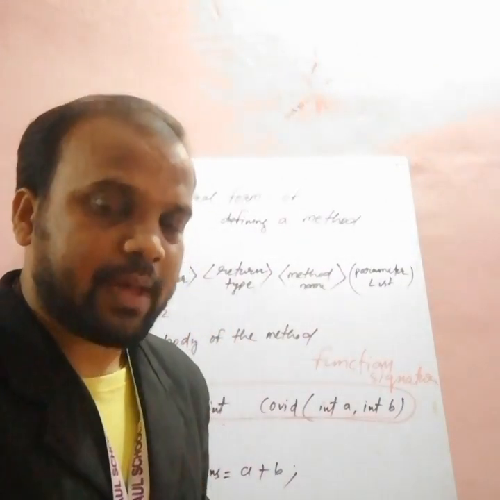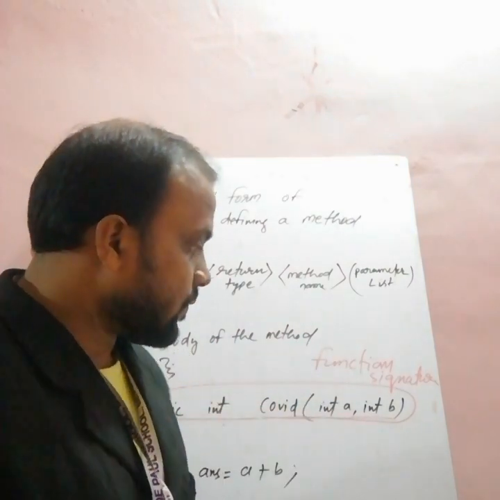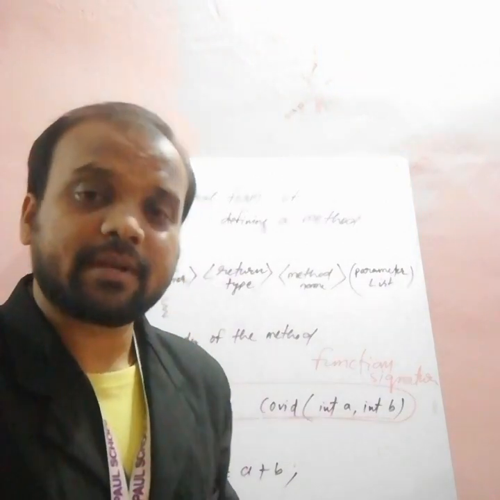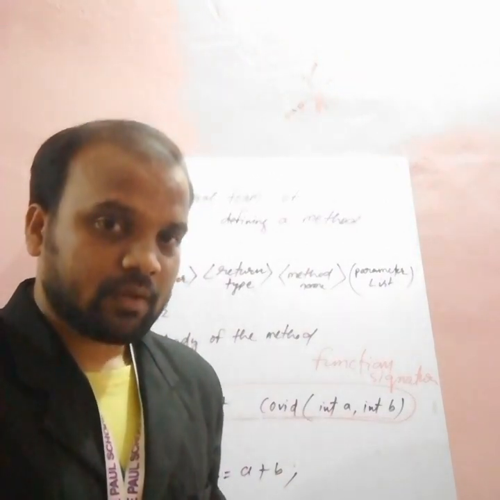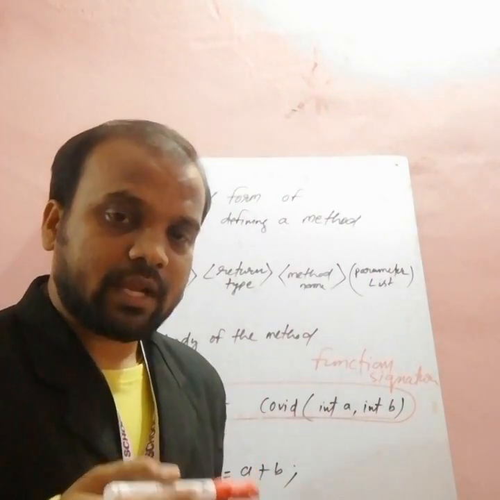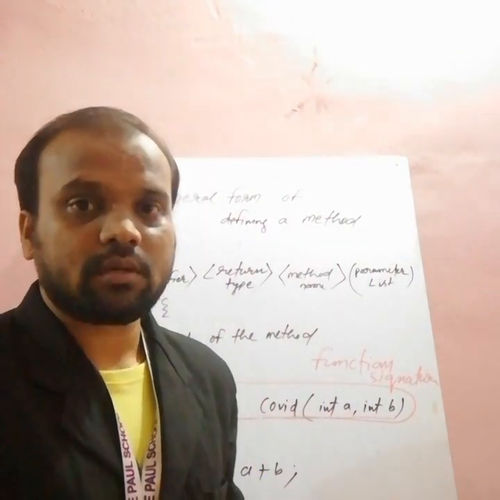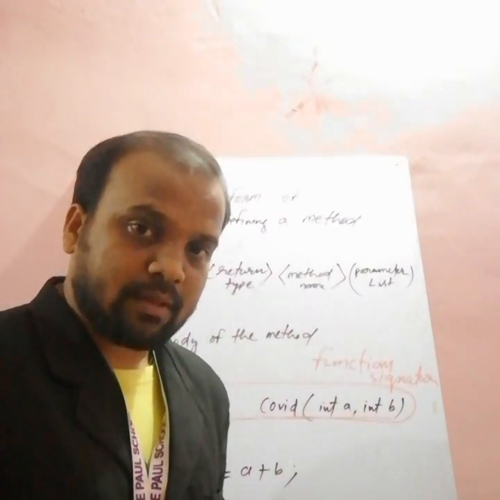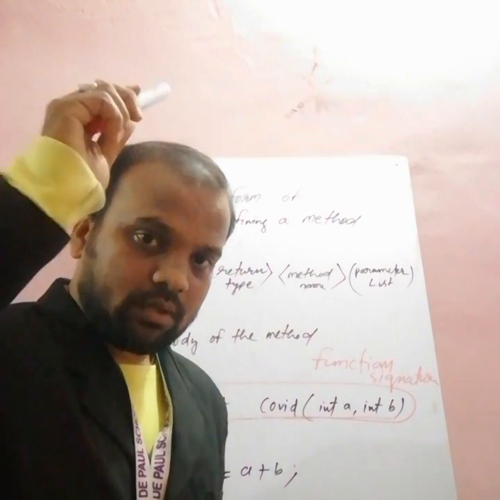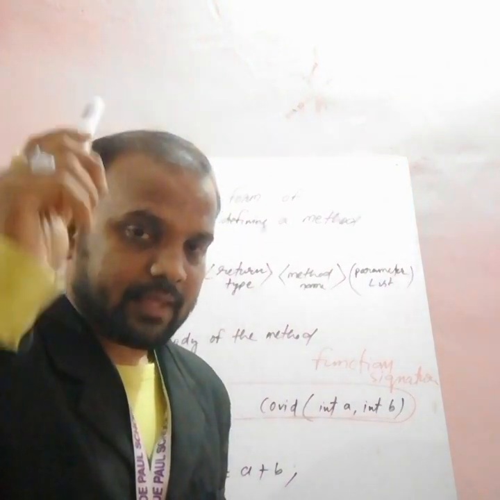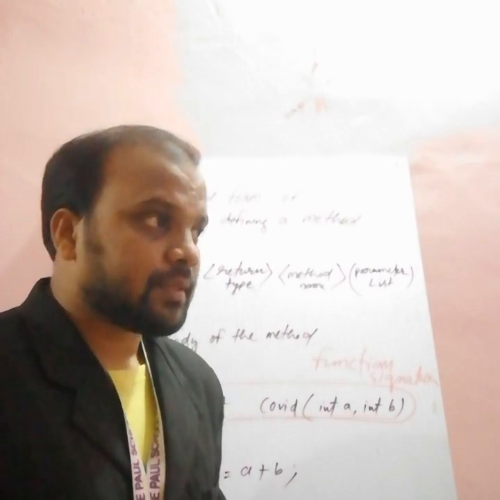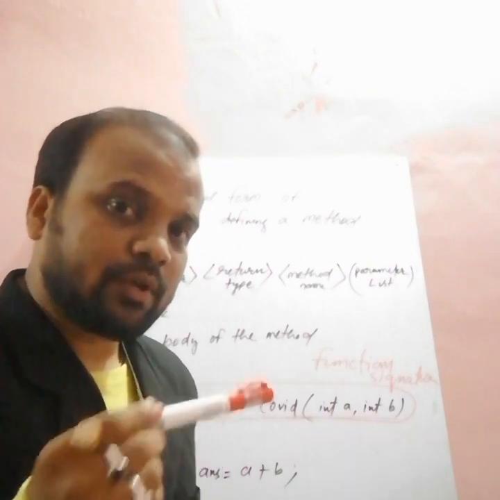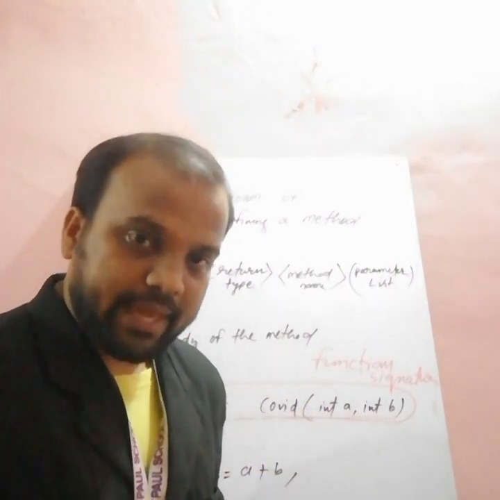There are two types of parameter. One is formal parameter, another one is actual parameter. Basically, the actual parameter is defined in the main method. So when you do a program using a function, it will go from actual to formal. It means from the main method to the user-defined method. One principle of OOP is that it is a bottom-to-top approach. Got it? So when you do a program using a method, it will go from actual to formal.